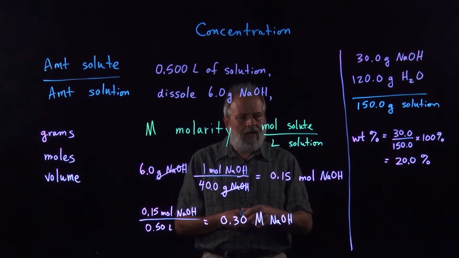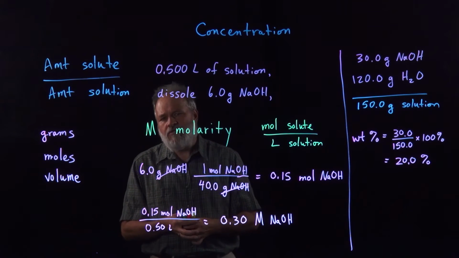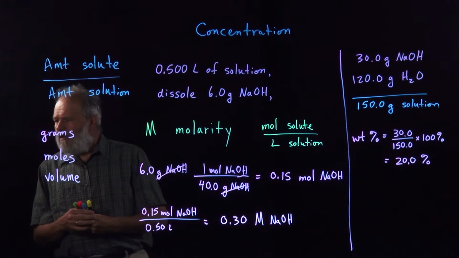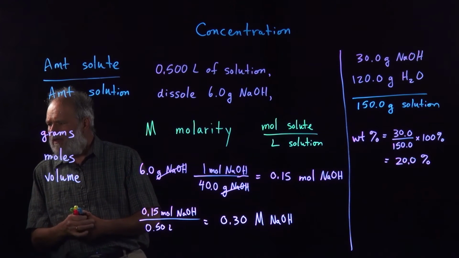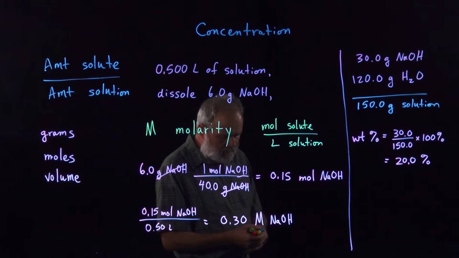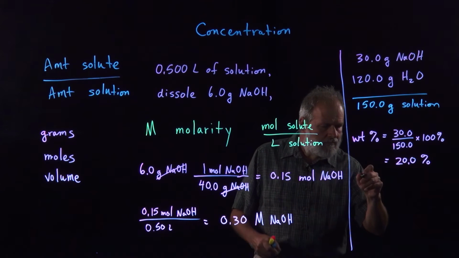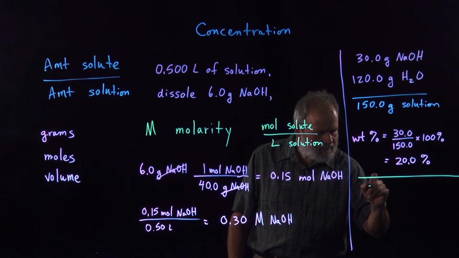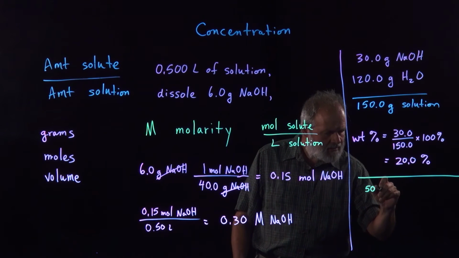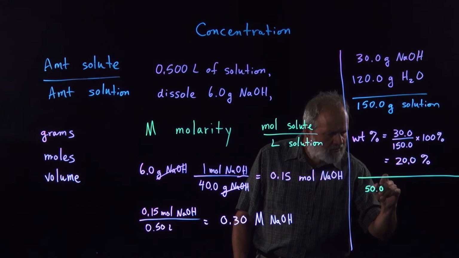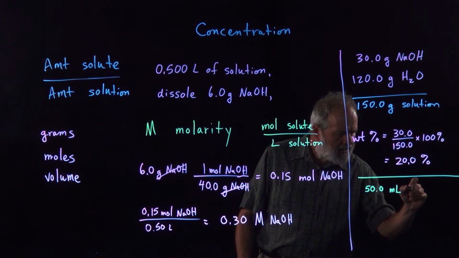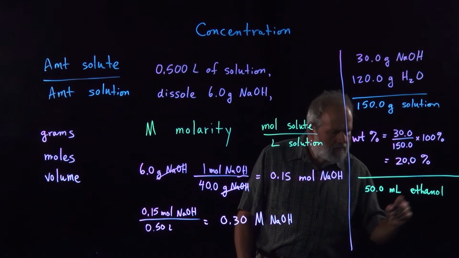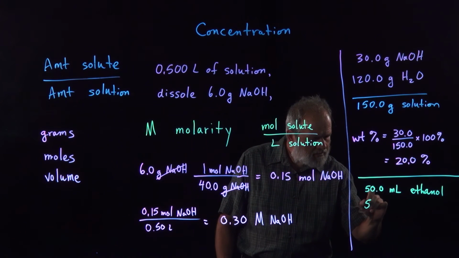All right, so finally let's do a volume percent, which is what they would use for alcoholic beverages. So let's see. Let's say we mix 50.0 mils of ethanol and 50 mils of water.